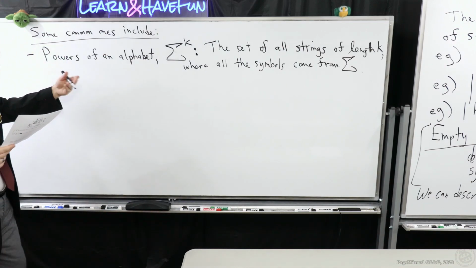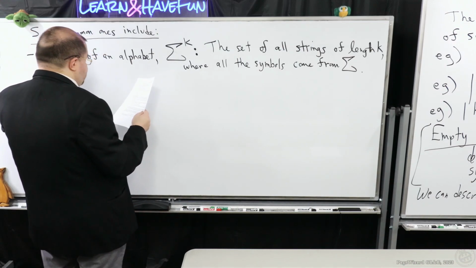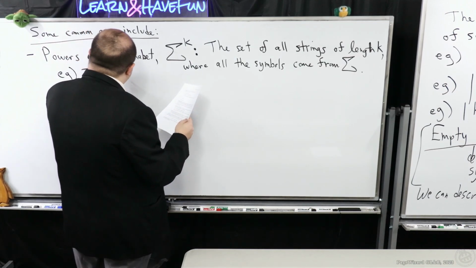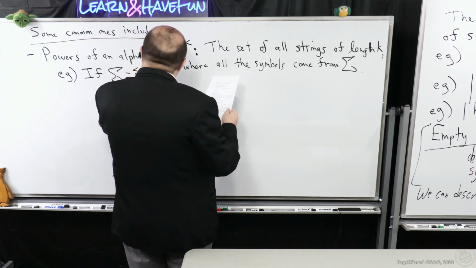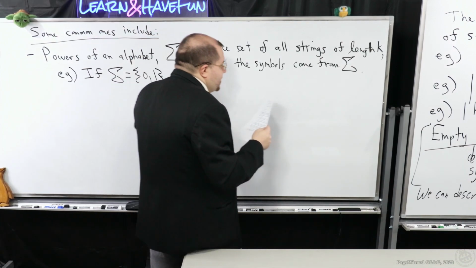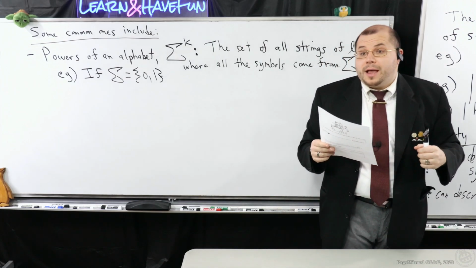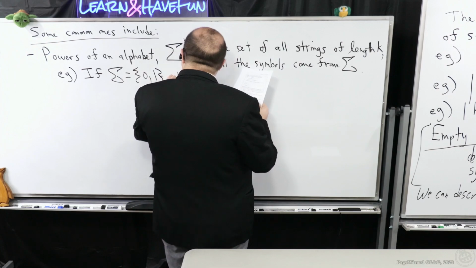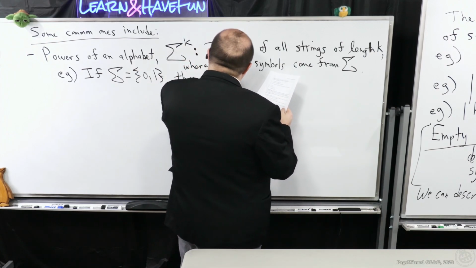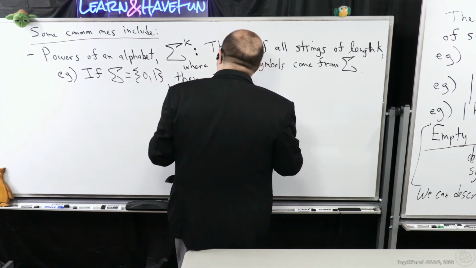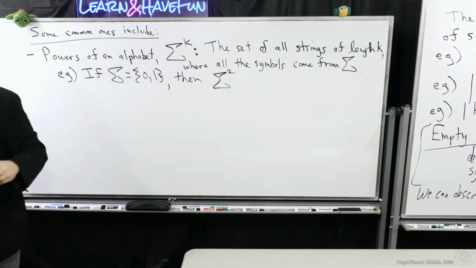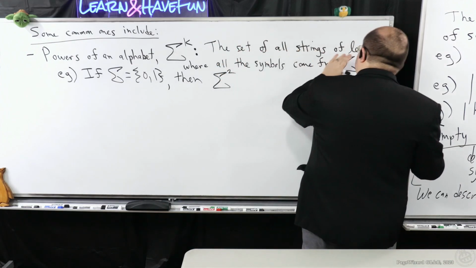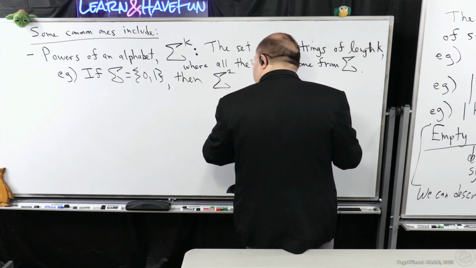So let me give you some examples of what I mean by this. If I gave you the binary alphabet, remember the binary alphabet is just simply the set that contains two symbols, 0 and 1. Then if I gave you sigma squared, I'm squaring this right here, it says that this is the set of all strings of length 2 from the binary alphabet.